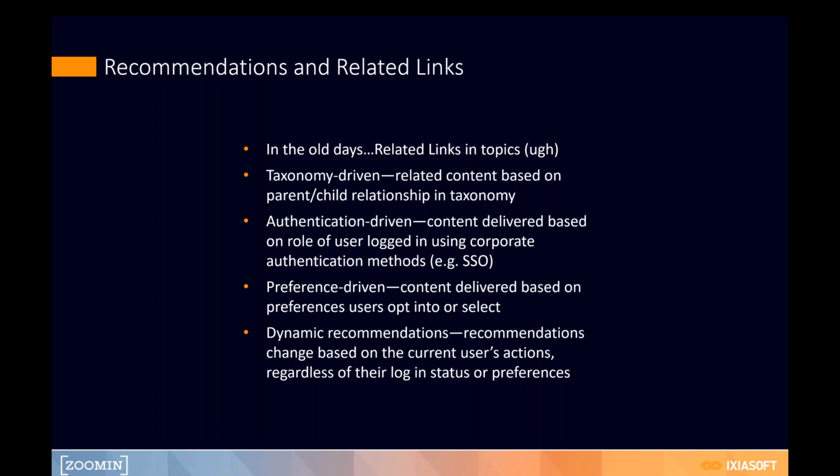The third would be the preferences that we talked about earlier. So we have actual opt-in where people say, yes, I'm interested in this topic, I'm interested in this topic. So we're going to make sure that the related links either weight higher the ones that they have a preference for, or just include the ones that they have a preference for.